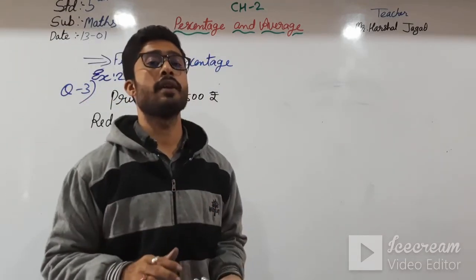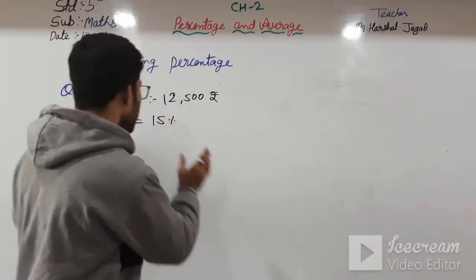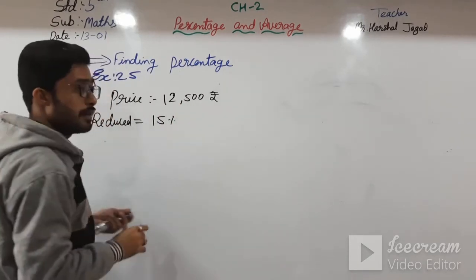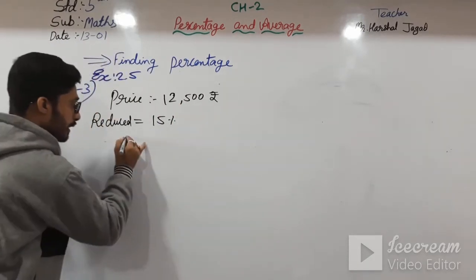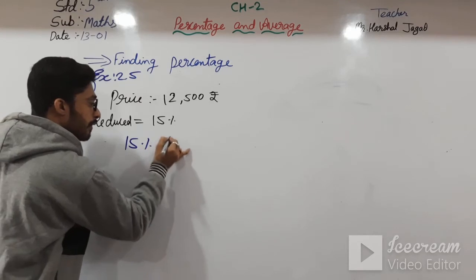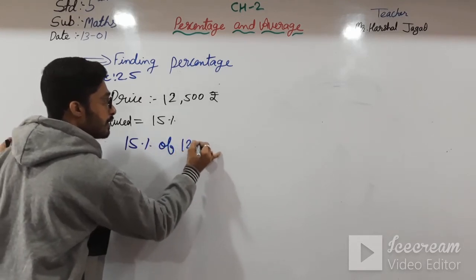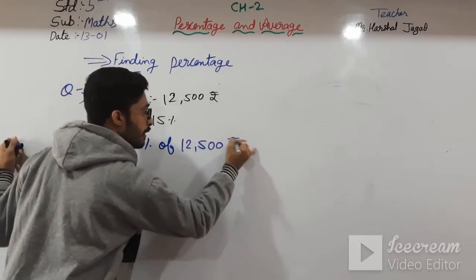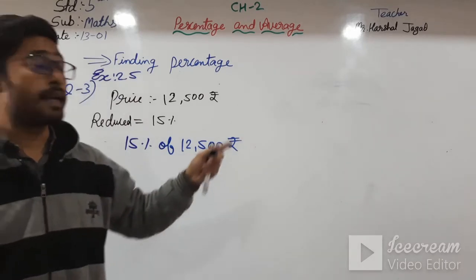So in this, what we have to do? We have to first of all find the 15% of this. Means I can form 15% of 12,500 rupees. We all know finding percentage.